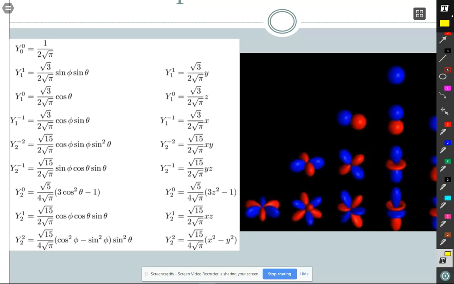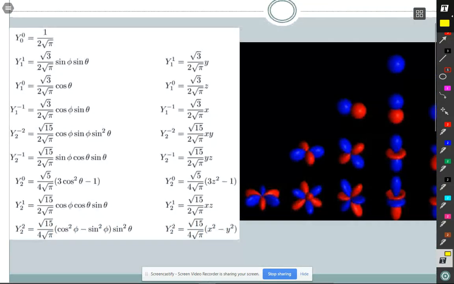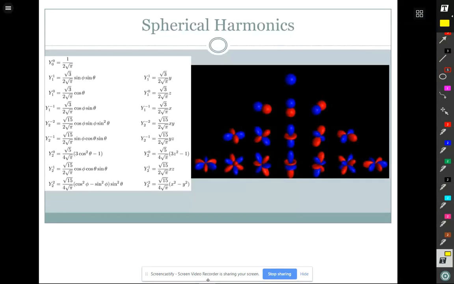So this depends on theta and phi. This depends on theta. So that's the only one here that appears to be perfectly spherically symmetric. It doesn't matter what theta and phi are, it's going to have the same value.